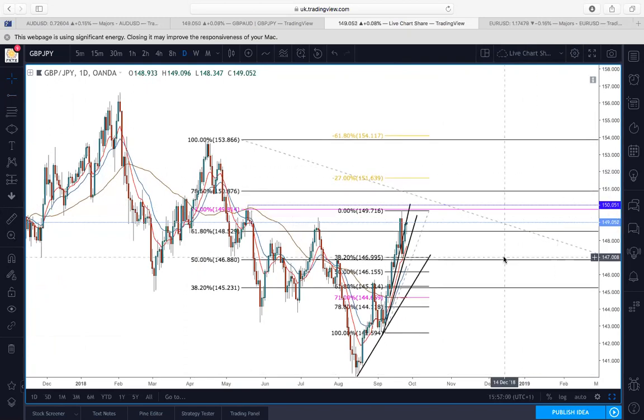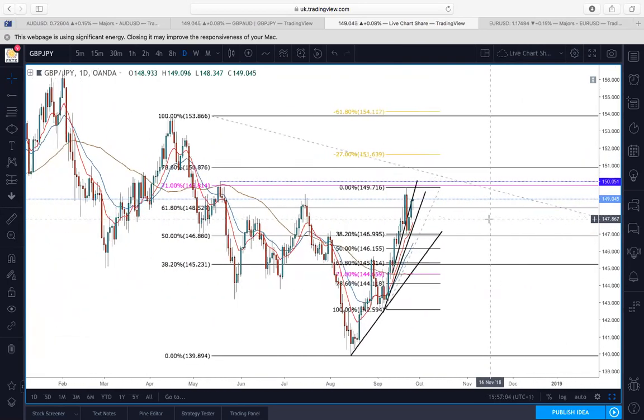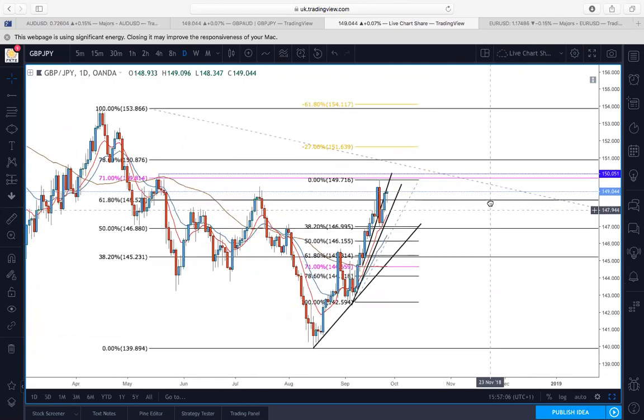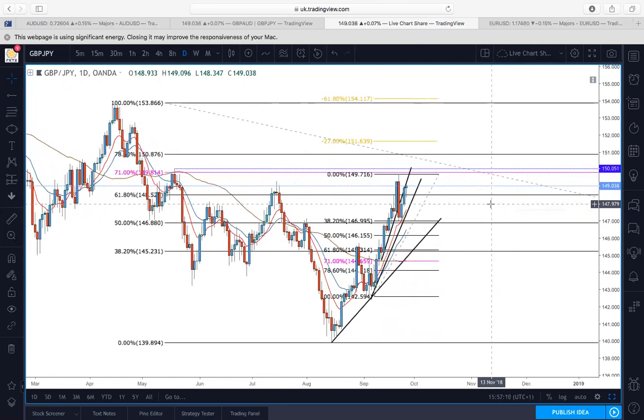You should know that the zero levels are psychological levels where a majority like to take profit, where institutions like to take profit or reverse the price action for a short period of time. So it would be logical to target 150, or you could just target this 71% Fibonacci at 149.81.